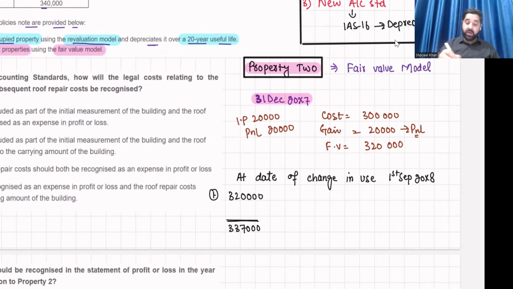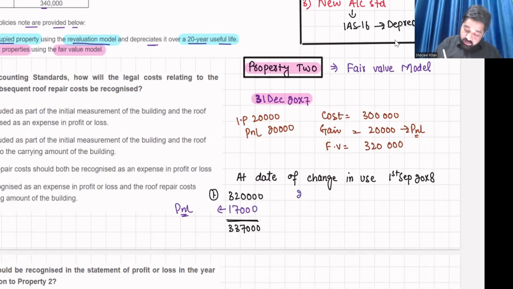So there is an upward revaluation of 17,000, but let me use my calculator. 320,000 and... which is 17,000. So there is a gain of 17,000, and this gain should be taken to profit or loss, right?